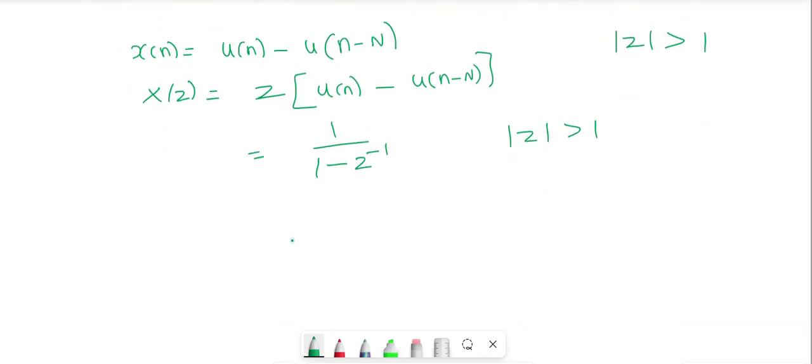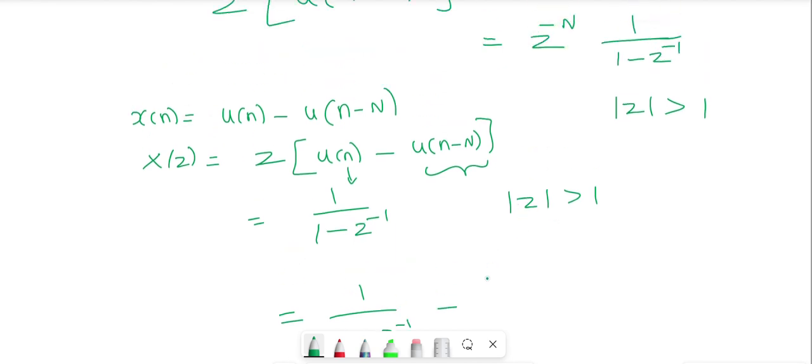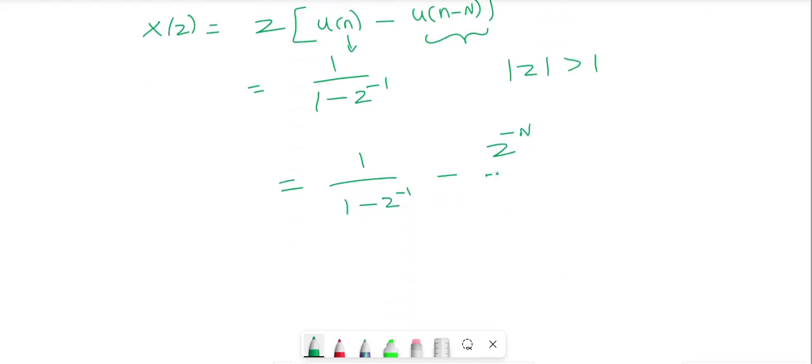Now, for this, 1 by 1 minus z inverse minus the transform of u of n minus n, which is z power minus n by 1 minus z inverse.